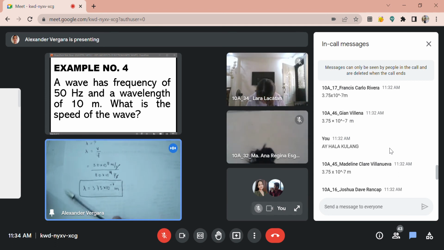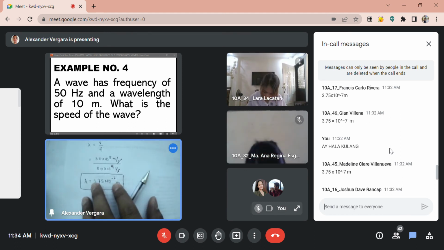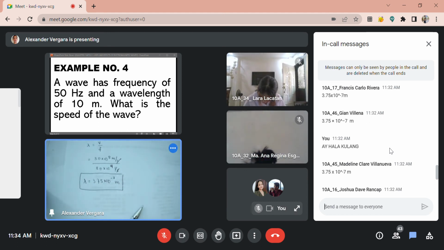Let us see if you can get this one. So the frequency is 50 hertz and your wavelength is 10 meters. What is the speed of the wave?